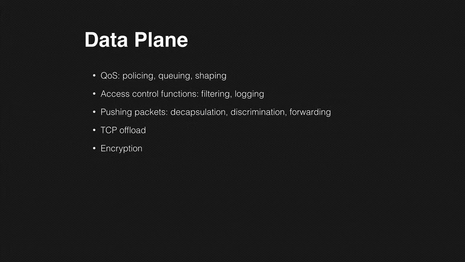Data plane, by contrast, is a much simpler but immensely faster entity. It is the subconsciousness of our hypothetical brain, and is responsible for everything related to actually pushing data forward. It is responsible for QoS functions, access control functions such as filtering and logging, tunnel encapsulation or decapsulation, encryption or TCP offload, and everything that is related to byte crunching.